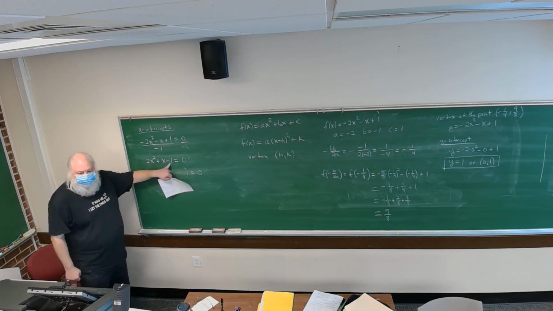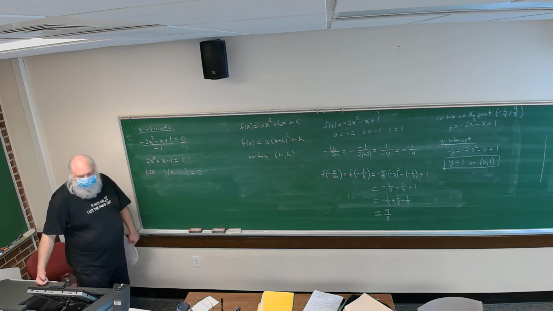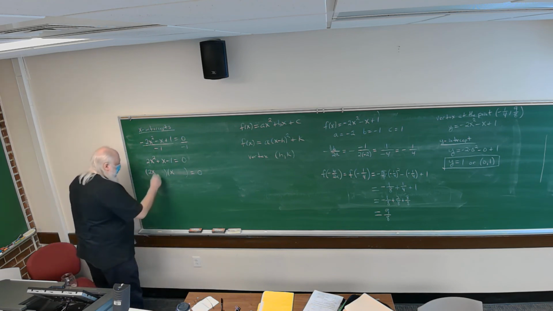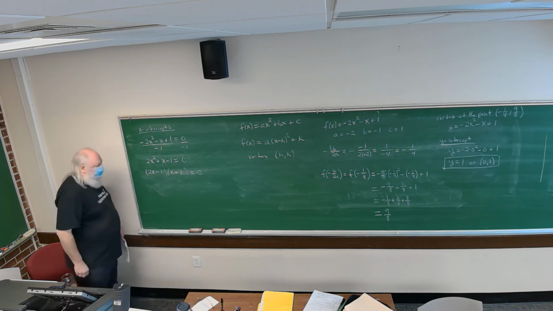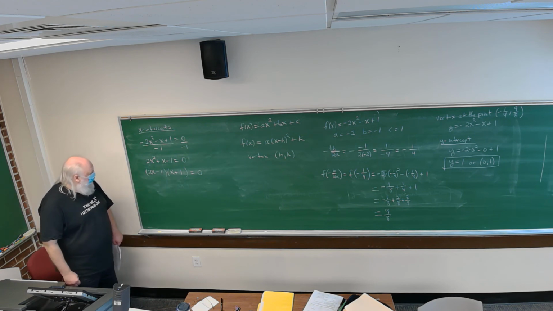The constant term is minus 1, so the factors of minus 1 have to be plus 1 and minus 1. But where does the plus 1 go and where does the minus 1 go? It matters where you put them. And so it turns out it's 2x minus 1 times x plus 1. If you FOIL this, you end up with this up here.